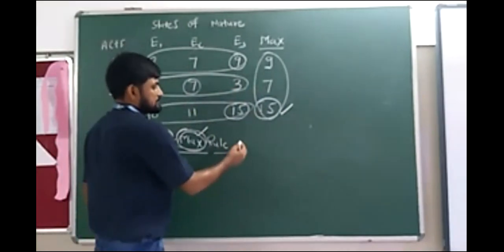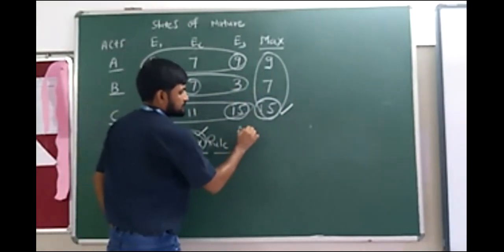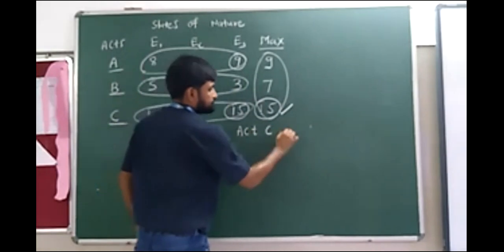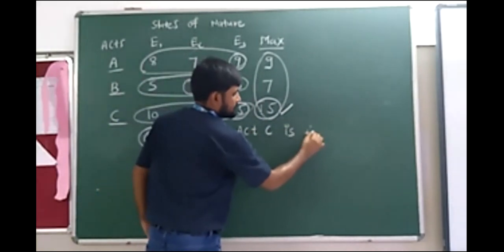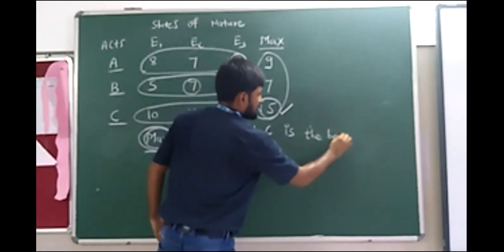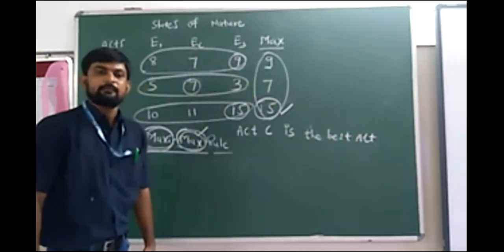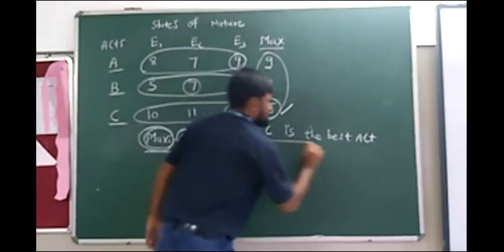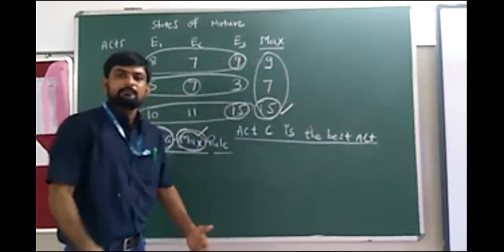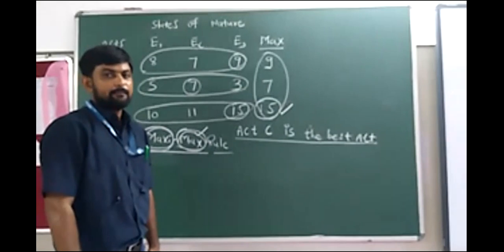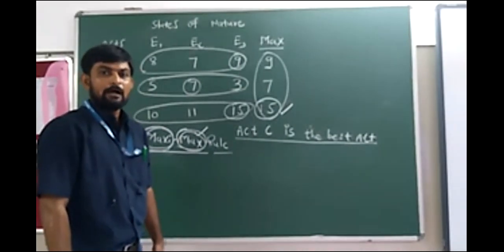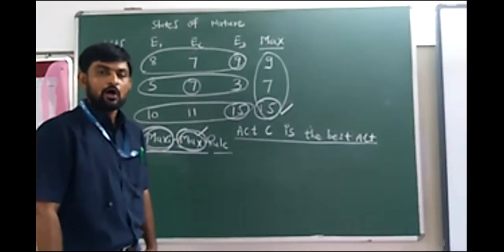So we can say that Act C is the best act. Act 3, C, is the best act. So this is a very simple rule, the Maximax rule. I hope now it is clear to you all.